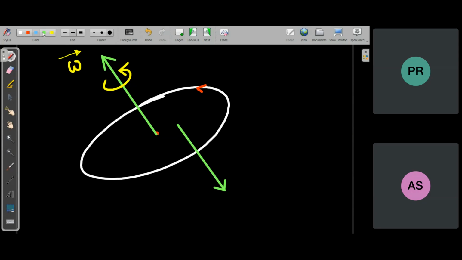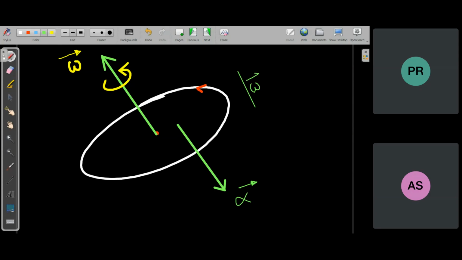Now, the direction of angular velocity and angular acceleration will be exactly opposite to each other if the body is slowing down. Slowing down means what? Slowing down means the magnitude of omega is decreasing with time.